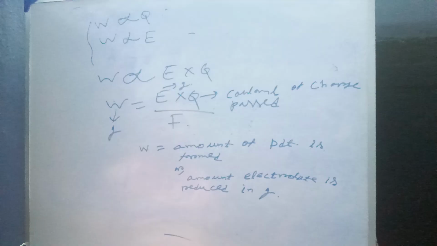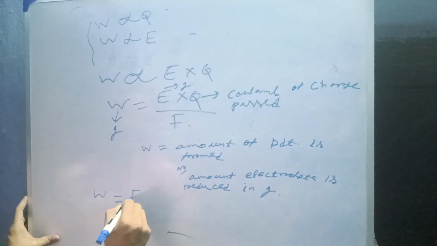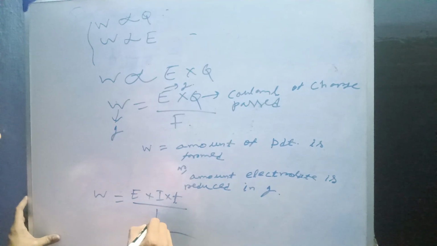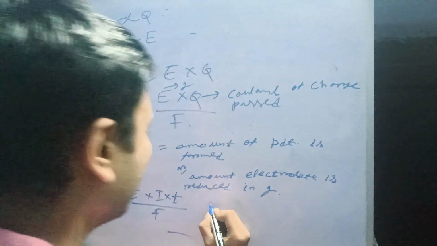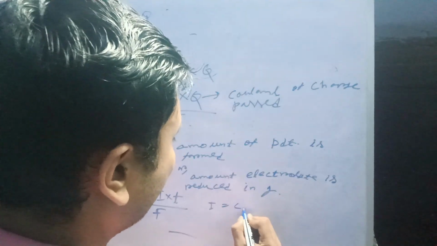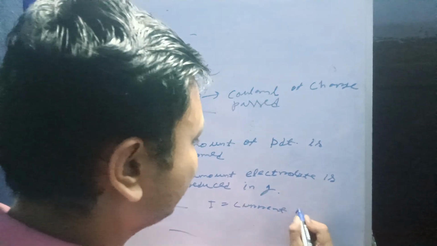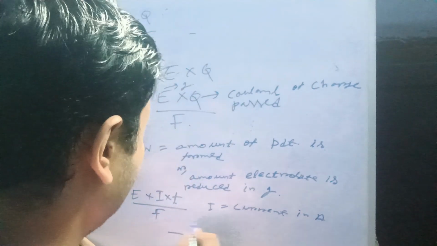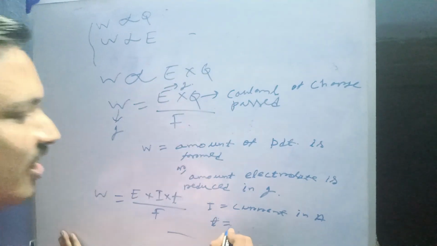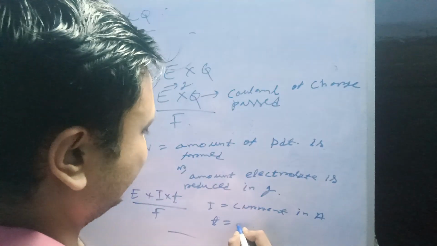And also here W is equal to E into I into T by F, where I is the current passed in ampere and T is the time of passing of current in second.